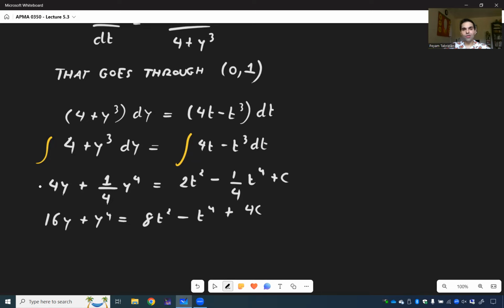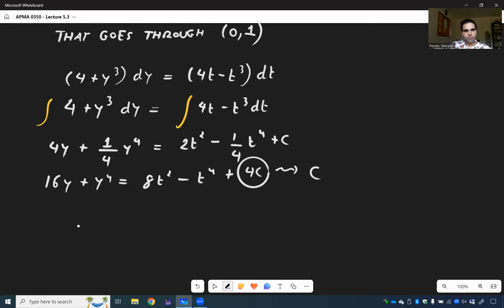Ooh, I did not foresee this. But joking aside, 4c is arbitrary, so we can just replace it by c, and then we get y to the 4th plus 16y equals minus t to the 4th plus 8t squared plus c.